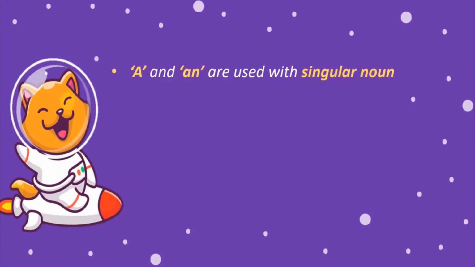The next rule is a and an are used with singular nouns. So with a singular noun we use a or an, like a cat, but we do not say a cats. An elephant.